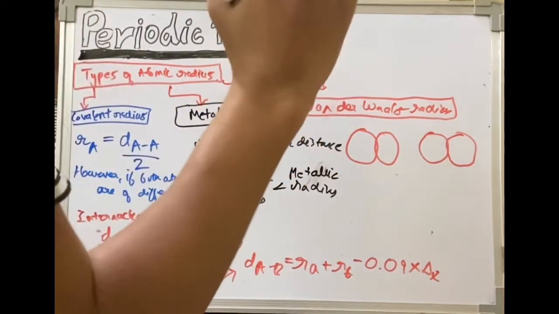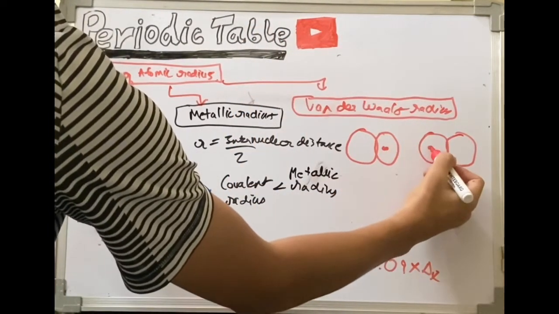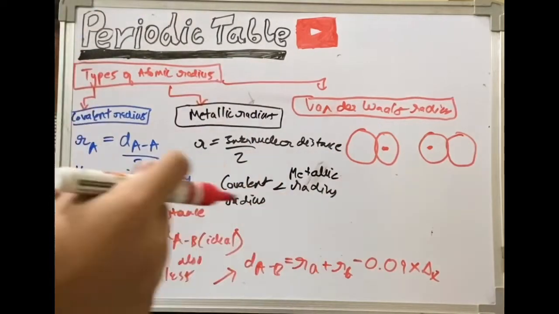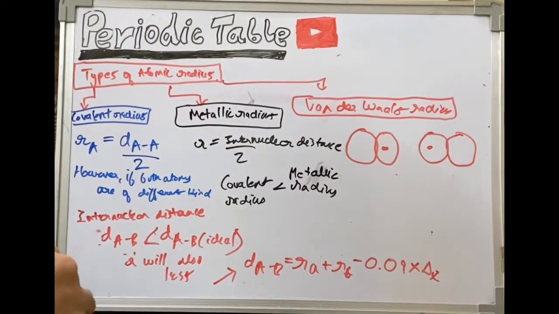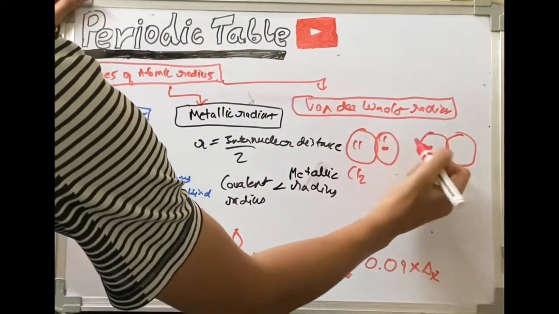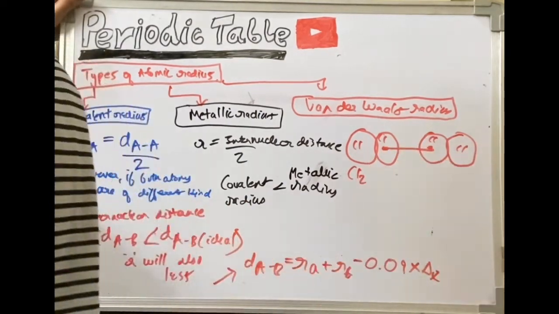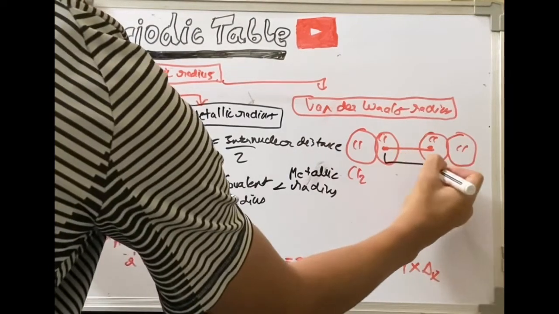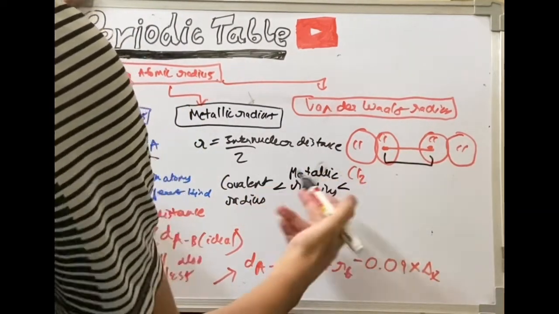Now here the van der Waals radius will be the internuclear distance between the atoms corresponding to their respective molecules. So here it is Cl2. This is Cl, Cl, Cl, Cl. So this will be the van der Waals radius over here. And these are more than these two.